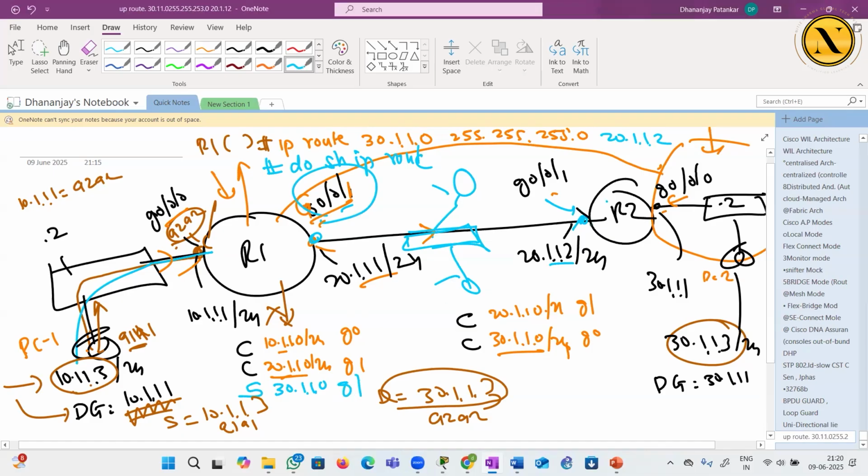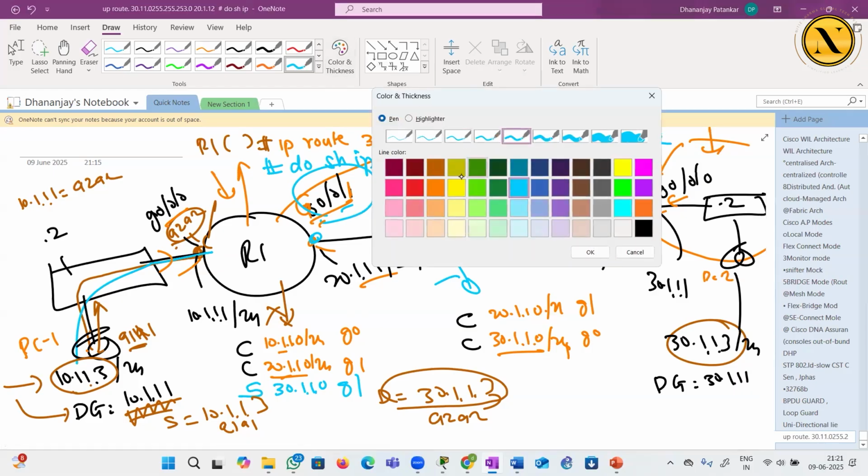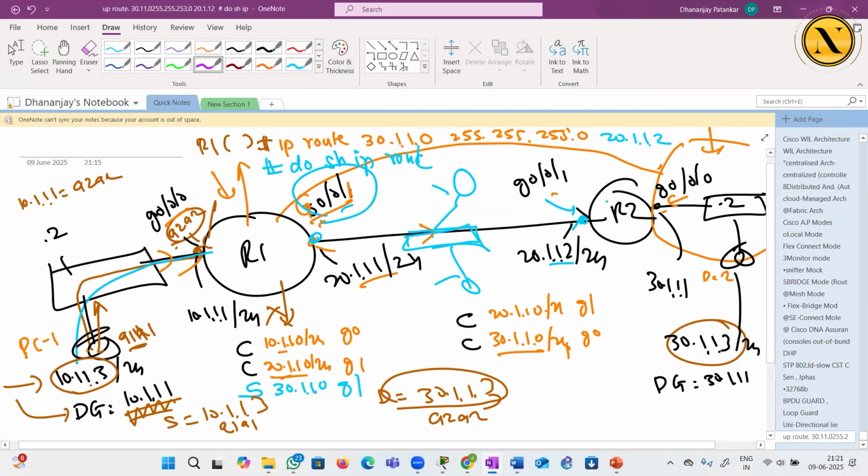Likewise, you can go on R2 and you can configure a static route up till this 10.1.1.0/24, this whole subnet. So you can go on R2 and again say IP route.